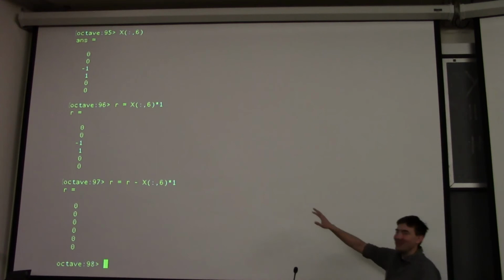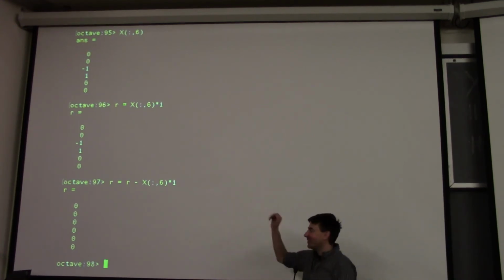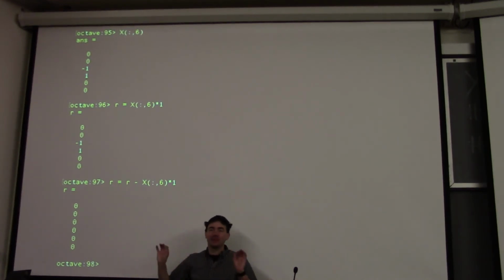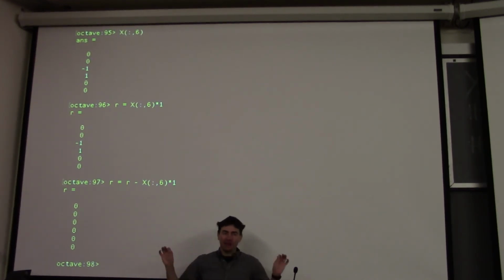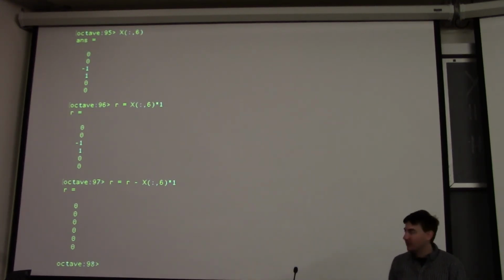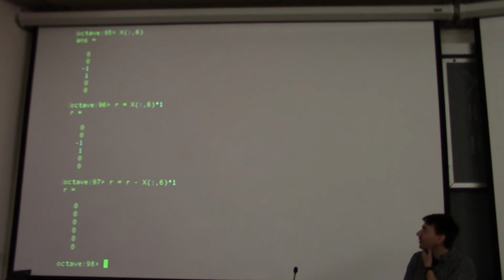Okay, if you don't think I actually cheated at this step, then you should be amazed that we got the residual down to all zeros, which means that with 3 columns, we exactly explained that signal, right? We had 10 measurements over 10 bits, so maybe that's not so amazing.